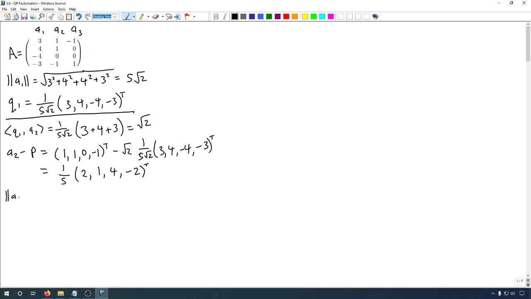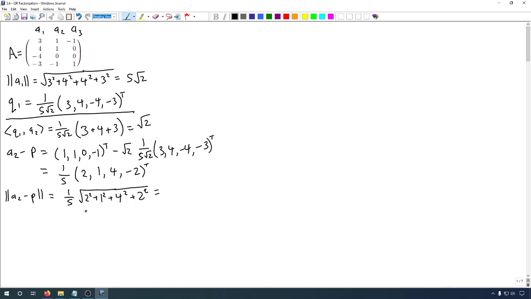The norm of that, we'll still have the 1 over 5. We have a square root of all this stuff, or the square root of the sum of the squares of those. And actually what we get underneath here is 25.